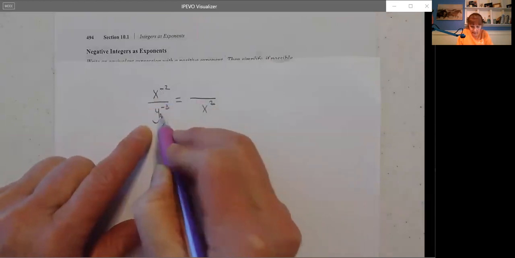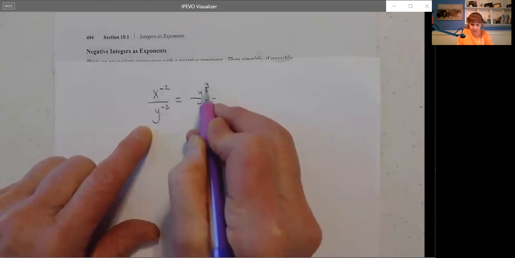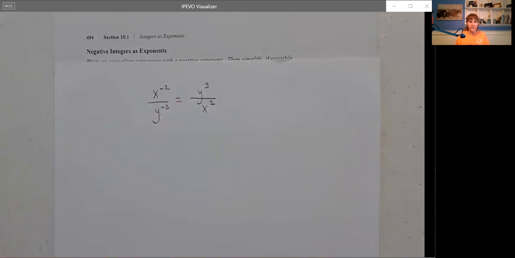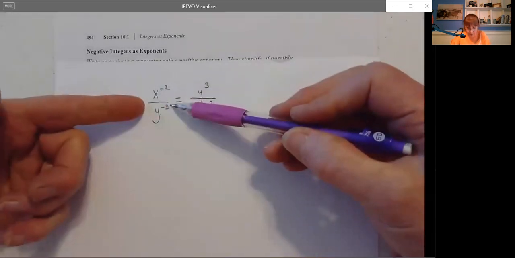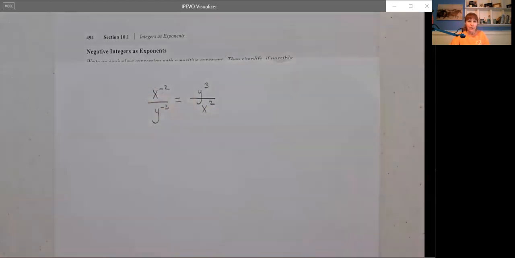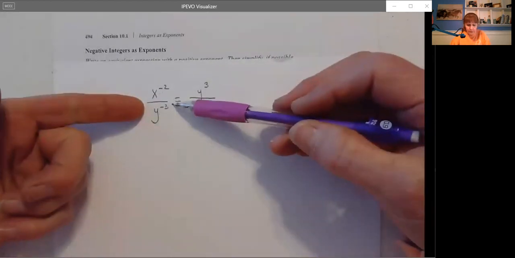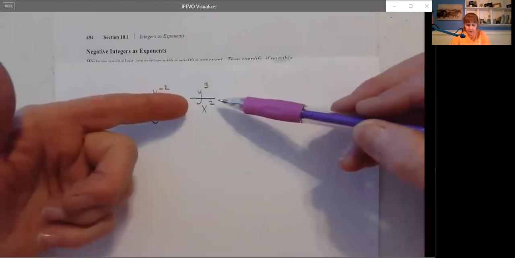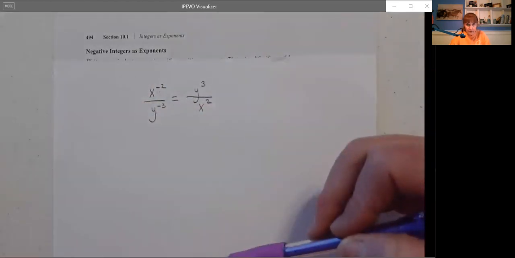This is in the denominator, it will come up to the numerator and become positive. This fraction is the same as this one. This is written with negative exponents. This is written with positive exponents.